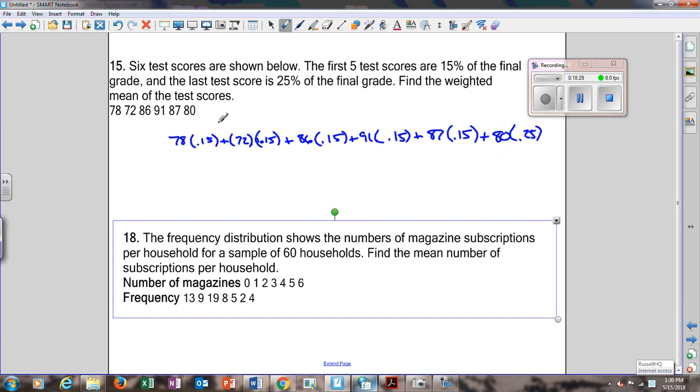Now, since these are all times 0.15, you could have technically left the 0.15 out in front, added those all together, and then multiplied by 0.15.